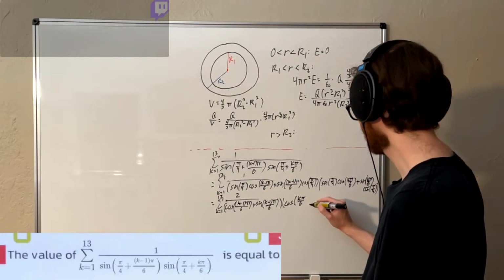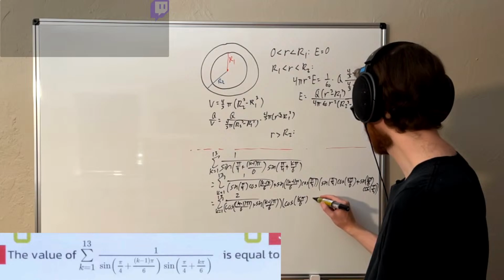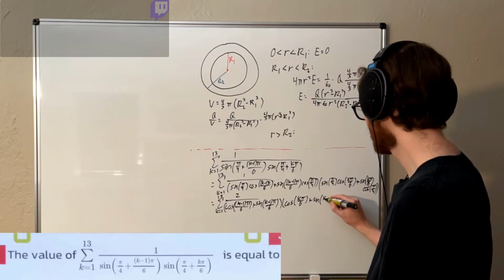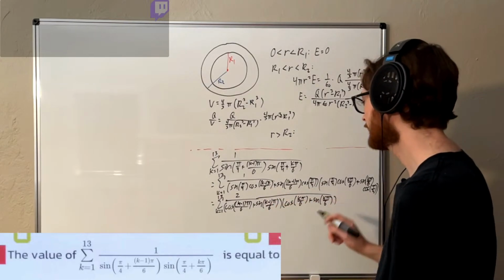Do we multiply these? Do we get a Pythagorean identity? No, I don't think we do get a Pythagorean identity.